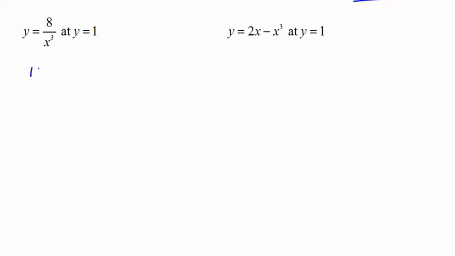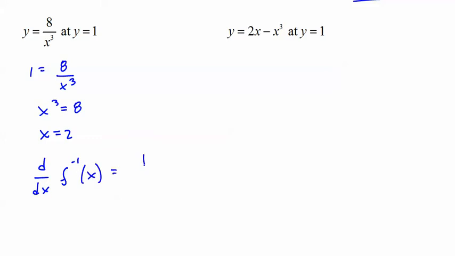1 equals 8 over x to the third. x to the third equals 8. x equals 2. d/dx of the inverse of x, 1 over, this is interesting, that's the negative third, so negative 3. You know what, I'm not comfortable doing that.